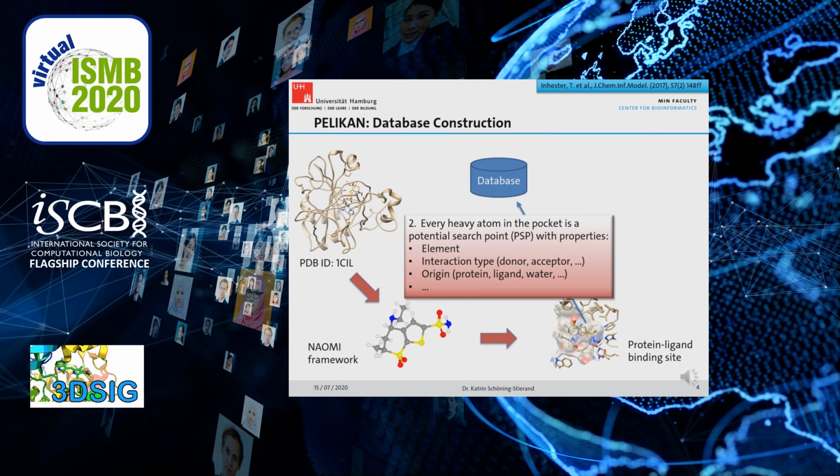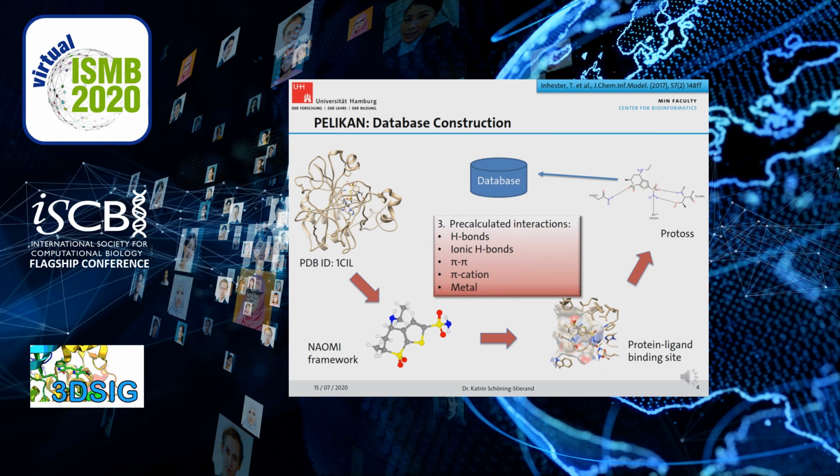Every heavy atom in the pocket is a potential search point for a query and is stored together with a list of properties like its element, the residue or functional group it belongs to, or the interaction type. Interactions are pre-calculated for each pocket and also stored in the database. A tailor-made index enables query times of all these data in the range of seconds to a few minutes.